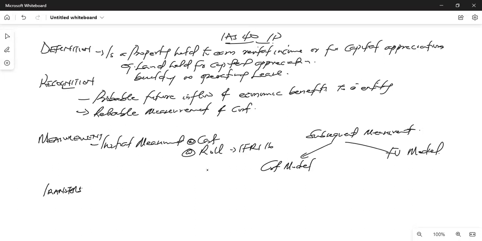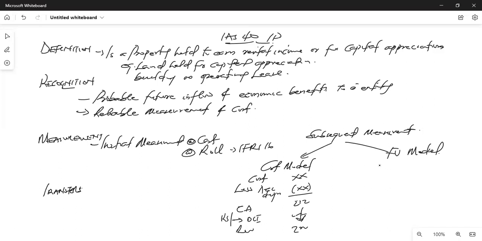You have the cost of the asset, then you less accumulated depreciation, and you land at your carrying amount. If there is any revaluation, the revaluation surplus will go to OCI, and a revaluation loss will go to the P&L.